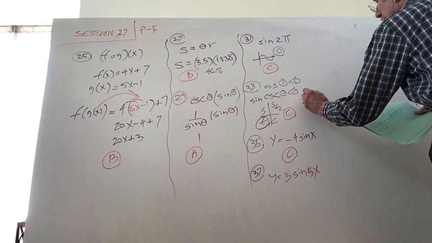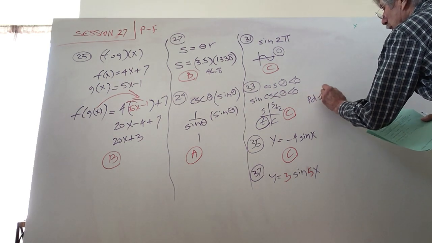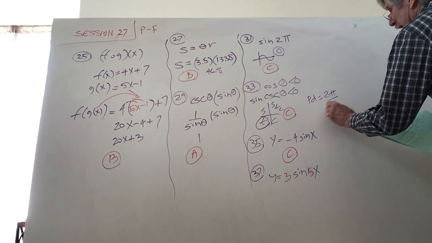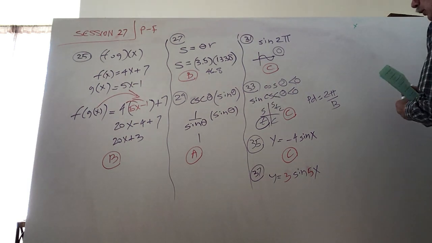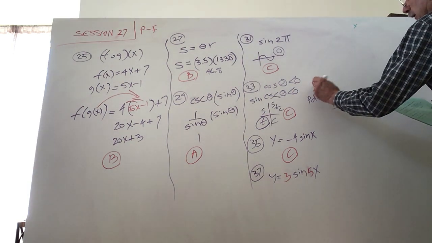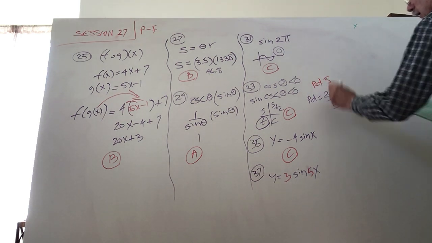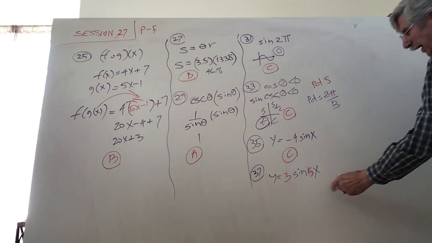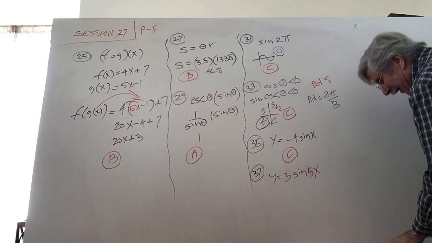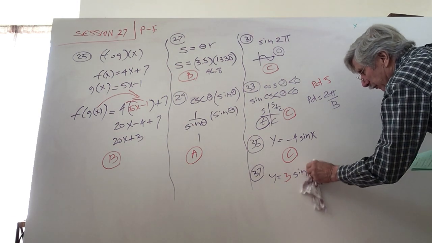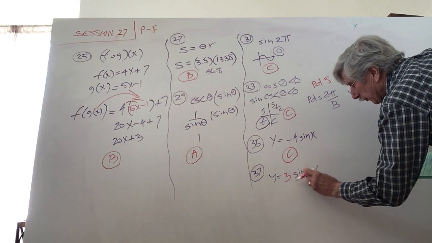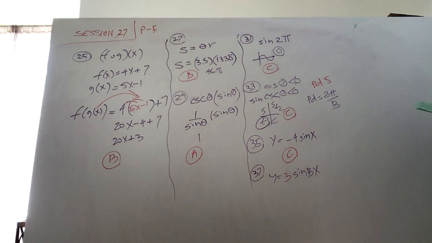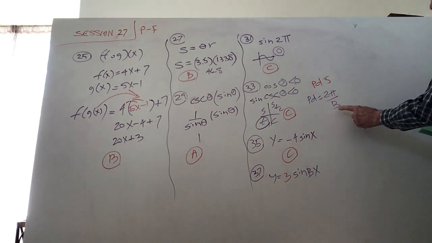The period is 2 pi over B. We're given a statement that the period is 5, so this is not B, it's the period. I had a B there before I put the 5 in. We need to replace that B with the proper information. We're told that the period is 5, not B.